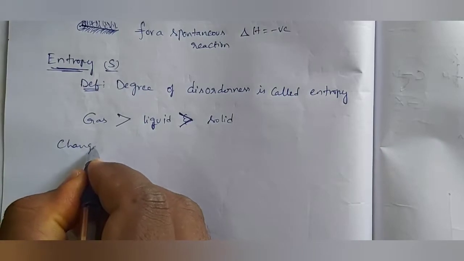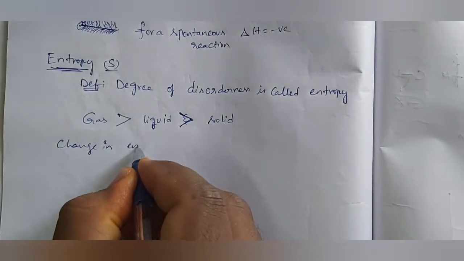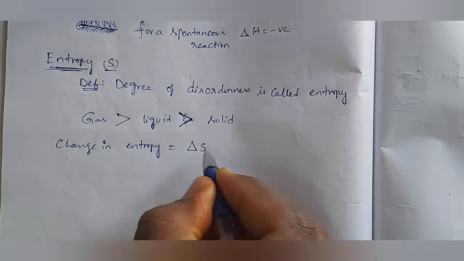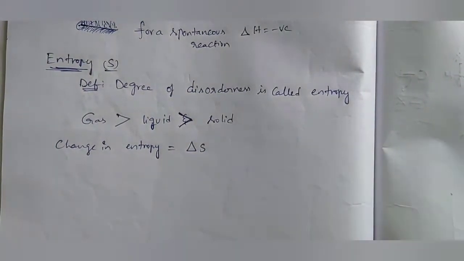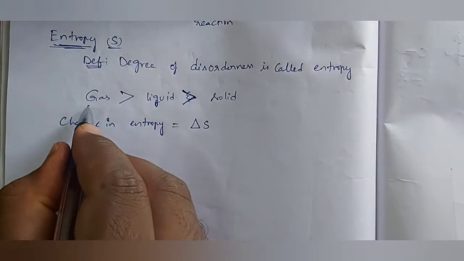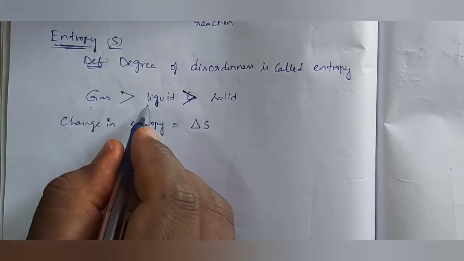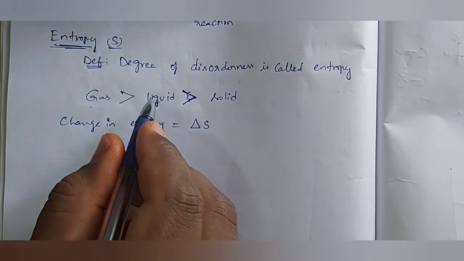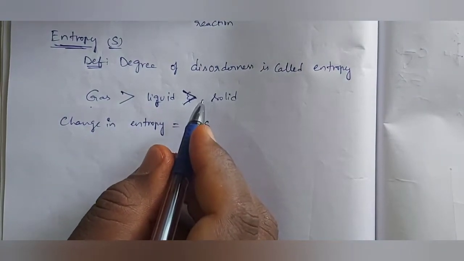Now, change in entropy is represented by delta S. When a gas is changed to liquid, there will be a change in entropy. When a liquid is changed to solid, there is a change in entropy.